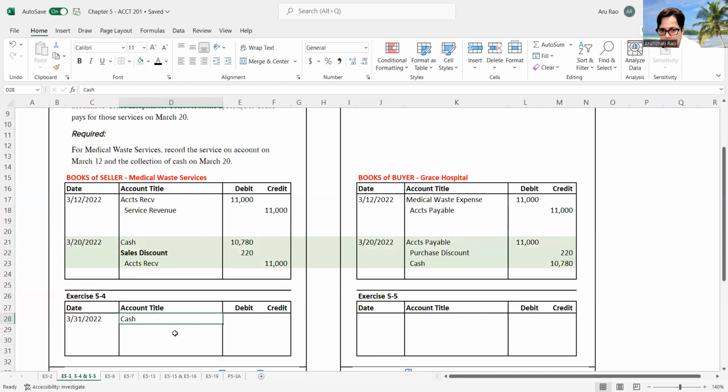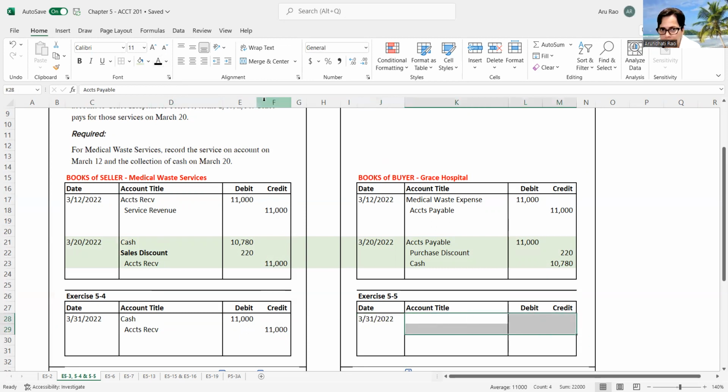I am getting my cash, and the cash I'm getting is the full amount that they owed me. My journal entry is cash debit, accounts receivable credit for $11,000. Once again, what's the corresponding entry in the books of the buyer? In the books of the buyer, the journal entry is going to be for the same $11,000. If I received, they paid, it has to be that exact same number. They're taking 11,000 off their books. I'm taking 11,000 off my books. I received cash, they paid cash.